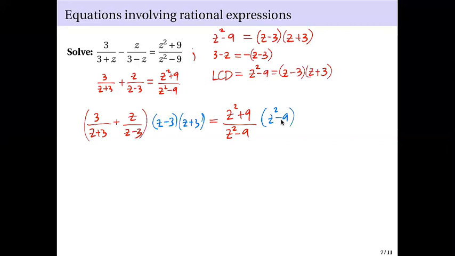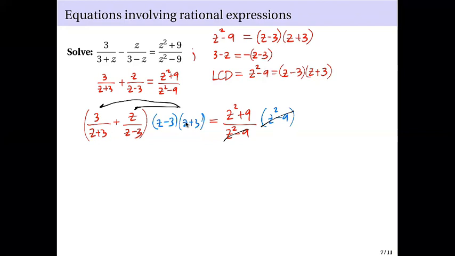Which means on the right hand side, z squared minus 9 will cancel these two. While on the left hand side, if we distribute this again to this and to this, for this part, the z plus 3 will cancel the z plus 3 here.